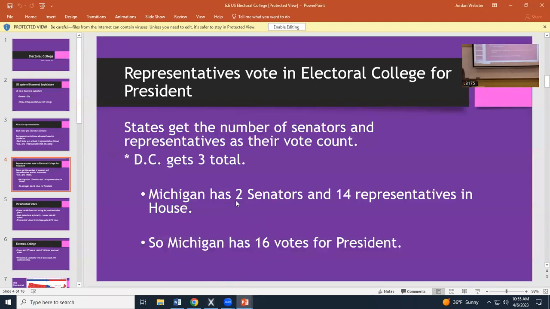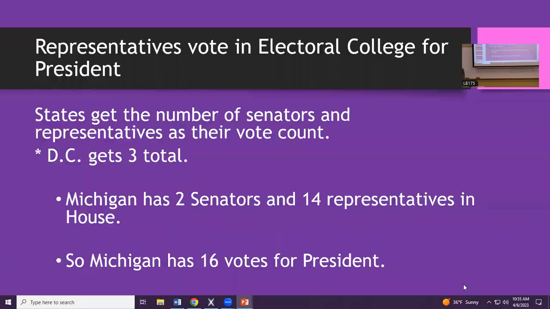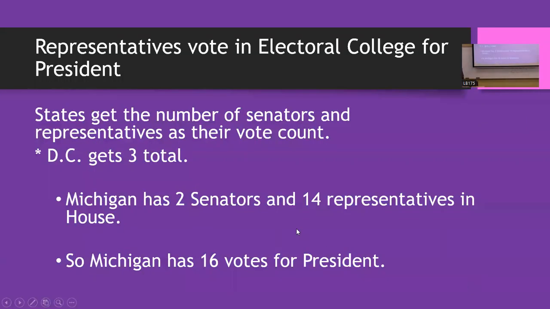Texas gained 1. So technically, this slide is wrong. Michigan has 15 votes, 2 senators plus 13 representatives. Is that right? You don't have to know the specific numbers.